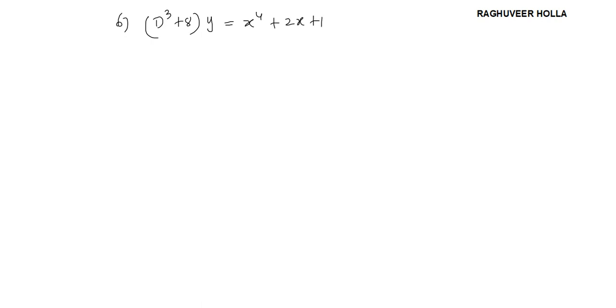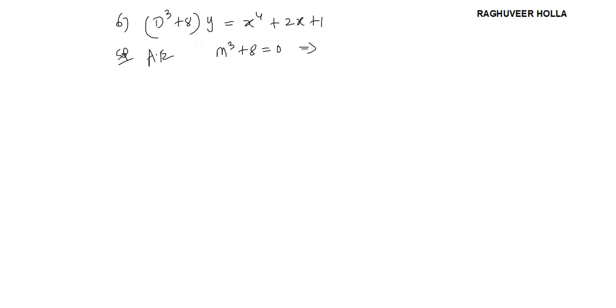Okay, let us try to find the solution for this differential equation. Now the auxiliary equation corresponding to this would be m cube plus 8 is equal to 0. So it is a cubic equation. You will get three roots here.